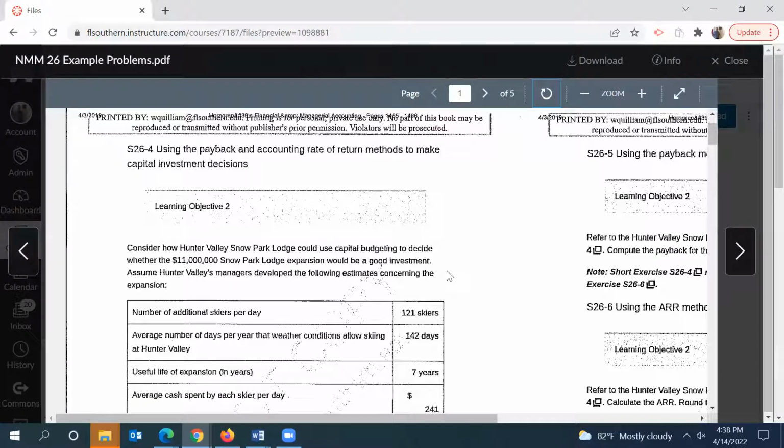So they're thinking about expanding the ski lodge. Well, it's going to cost $11 million to do so. So will future revenue be greater than 11 million, basically? If it is, great, a positive bottom line, just like profits. But again, the higher that bottom line is, the better. So we're to assume the Hunter Valley's managers develop the following estimates concerning the expansion.